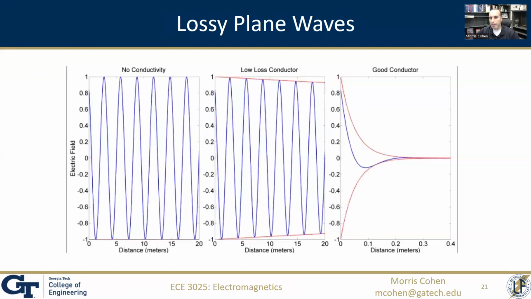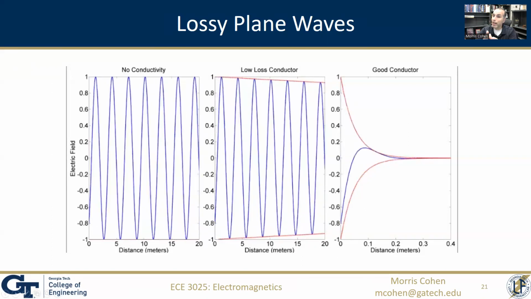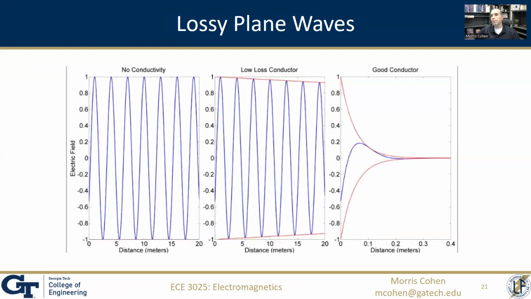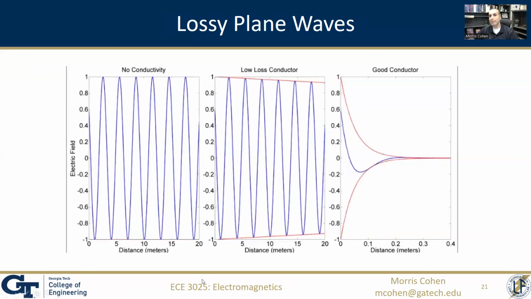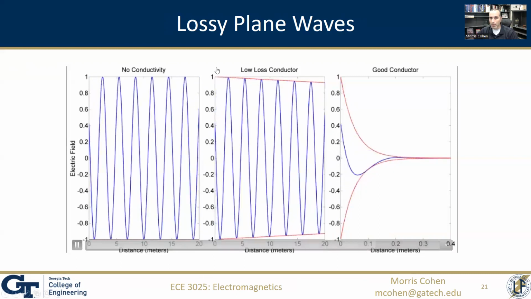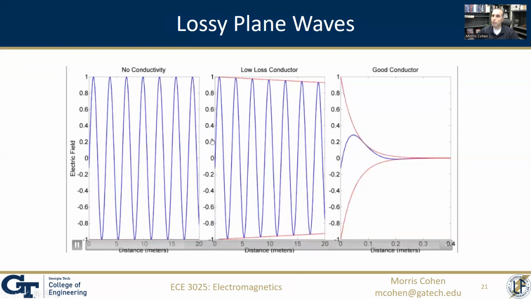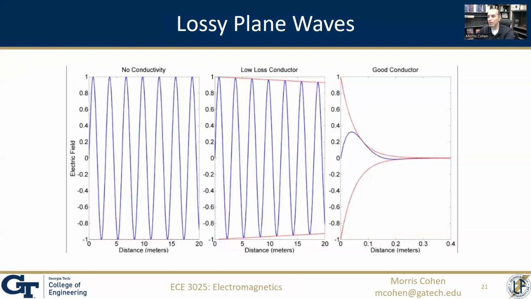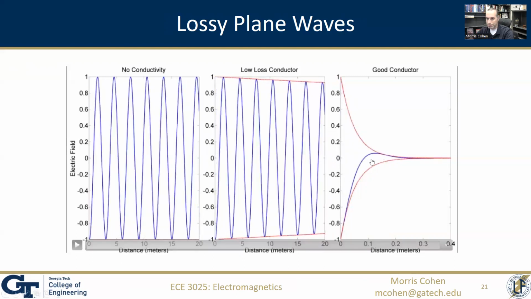And the red line is the exponential attenuation, that's alpha, and blue reflects the phase evolution of the wave as it attempts to penetrate inside the material. So this is basically how a good conductor case compares to a low loss conductor, or really a good propagator of radio waves.